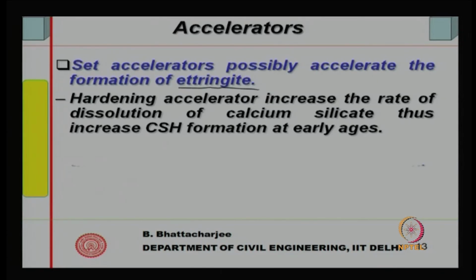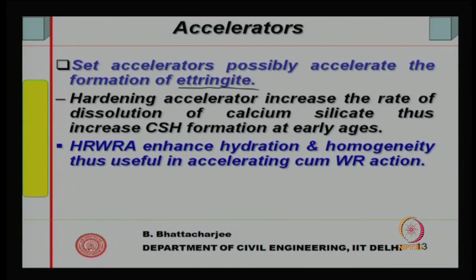So, that is how early strength you can get. High range water reducing agent enhances hydration and homogeneity, that is what we have seen earlier, thus useful in accelerating water reducing action. So, we have seen that they are good in accelerating water reducing action, all right.